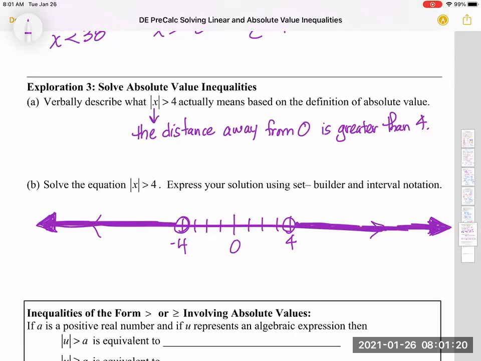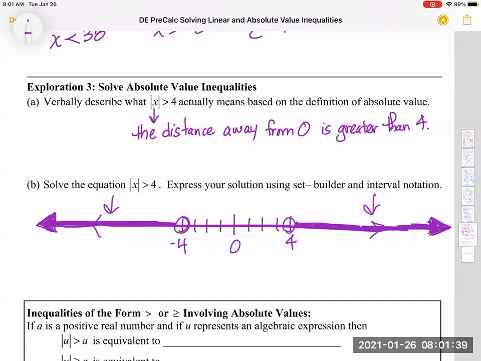So this one, they don't overlap, do they? They point away from each other. The answer could be over here, or the answer could be over here. You could pick one or the other.